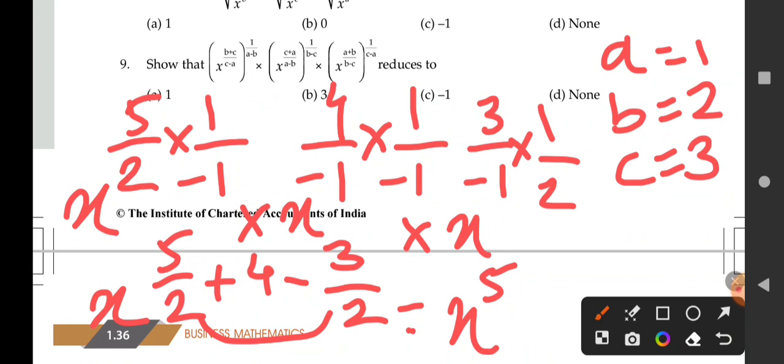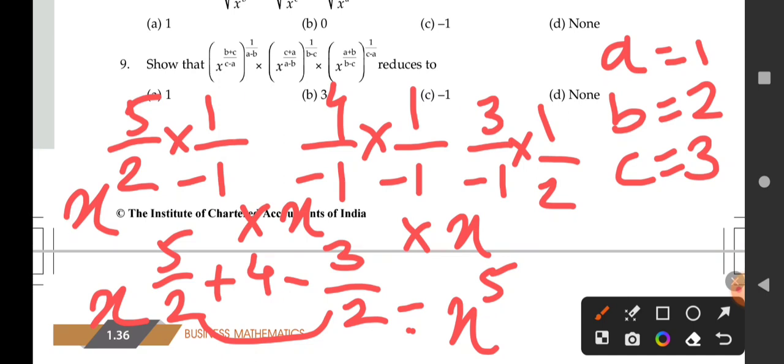So x power b plus c is 2 plus 3 is 5 divided by 3 minus 1 is 2, into 1 divided by minus 1. So we have next term c plus a is 4, a minus b is minus 1, b minus c is minus 1 again. Then a plus b is 3, b minus c is minus 1, and c minus a is 2.